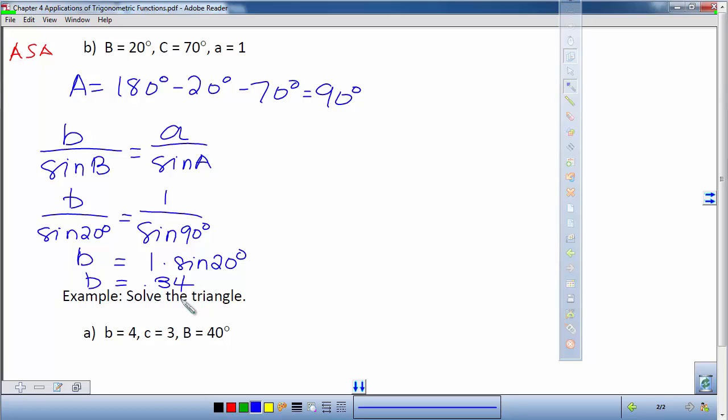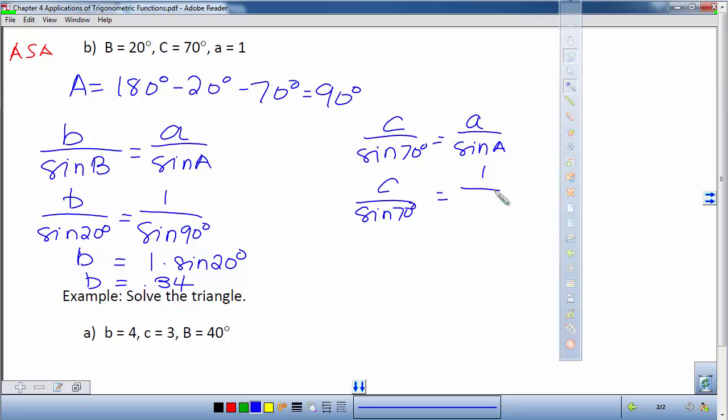All right, and so we do the same thing for C. We say C over sine of 70 degrees is equal to A over sine A, which we already said was just equal to 1. So C over sine 70 degrees equals 1 over, what was A? Sine 90 degrees.